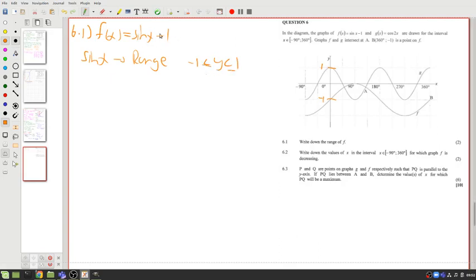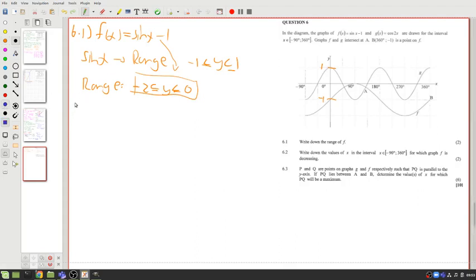Now all we do is subtract 1 from that. So the actual range we want is from negative 2 to 0, right? Just subtract 1 from each of these values. That's our range for sine x minus 1.